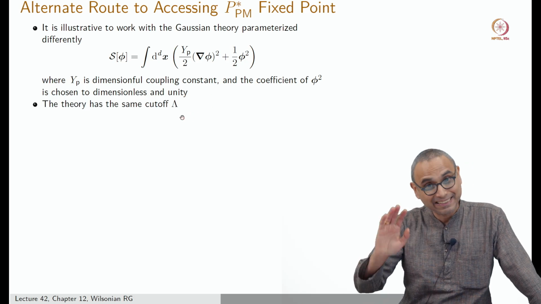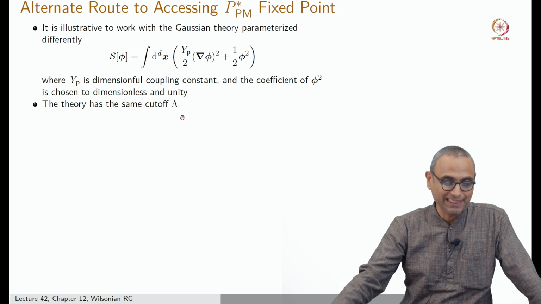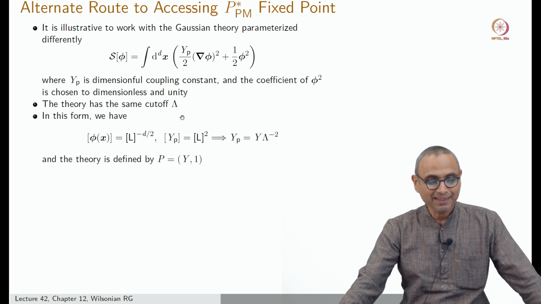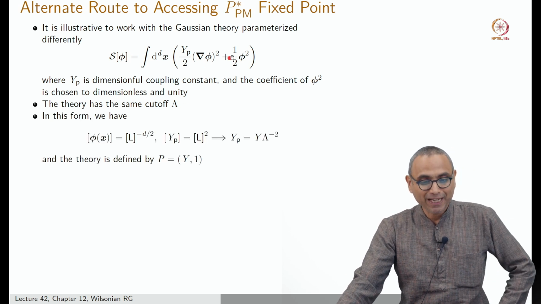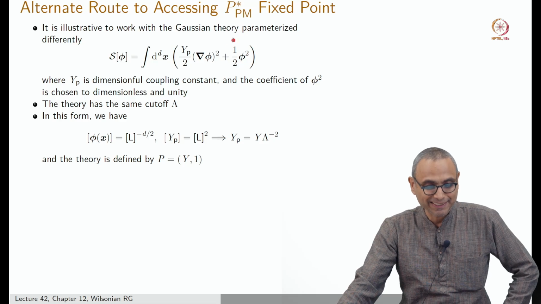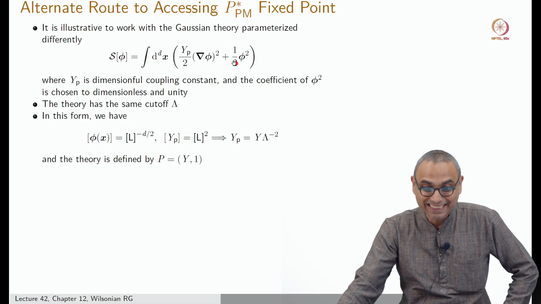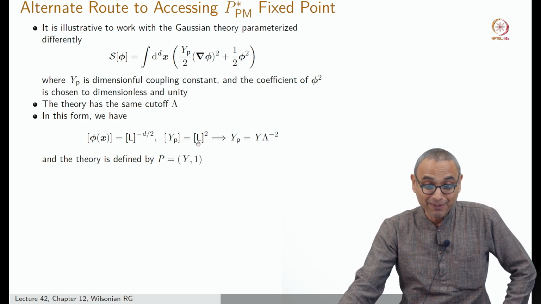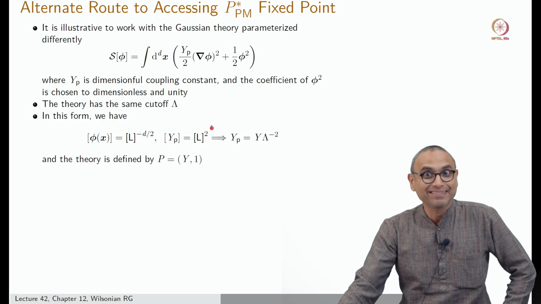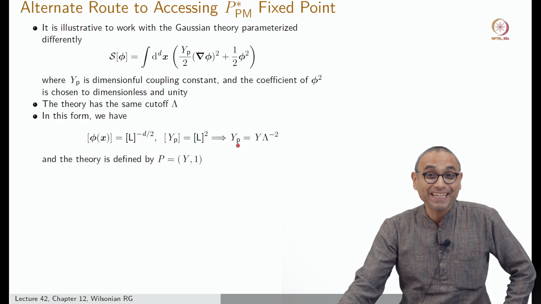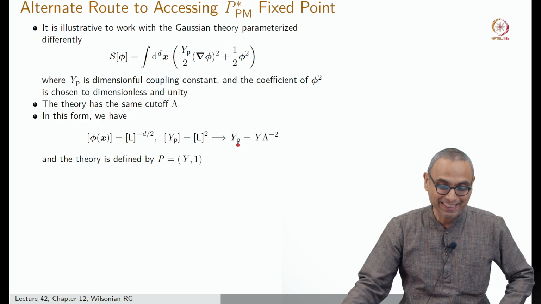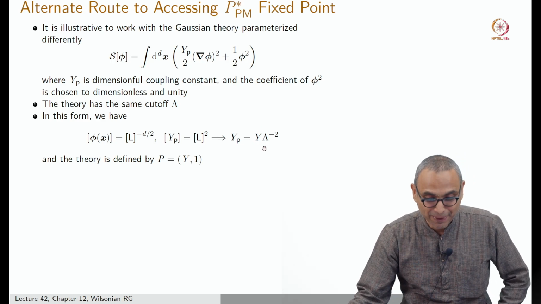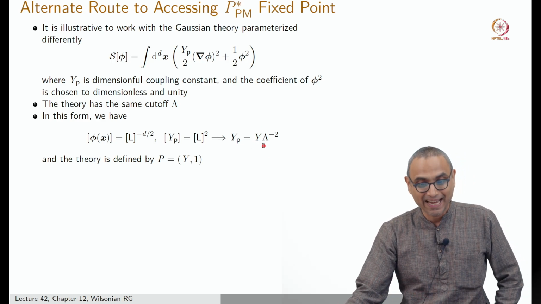The theory has, let us say, the same cutoff as the other theory that we started off with, and in this form, because I am keeping this coefficient dimensionless, you now see that in this theory phi has a different dimension. So phi of x is L to the power minus d by 2 here, and yp will have dimensions of L square, and therefore yp can be naturally written as a dimensionless coupling constant y times lambda to the minus 2.